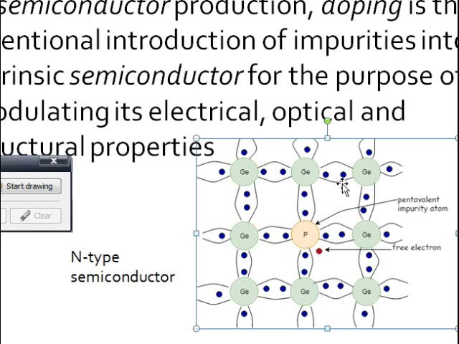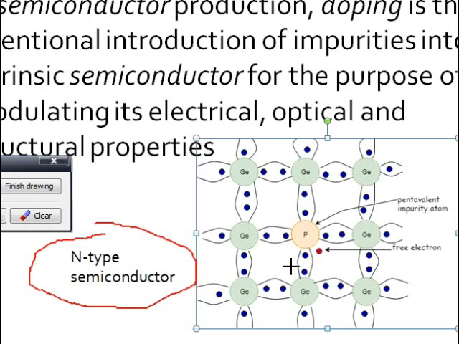This process is called doping, and we now have an n-type semiconductor in hand. Here we have one free electron, and this phosphorus is a pentavalent impurity.